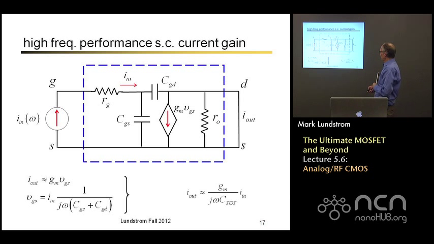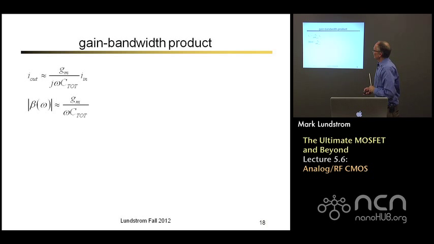So I have a simple expression for the input voltage. I can put those two together and I get the output current in terms of the input current: g_m over j omega C_total. If I plot the ratio of those two, I would call that the small signal current gain. Now, this isn't what we talk about in a bipolar transistor under DC conditions, but in a MOSFET we have gate current flowing under AC conditions, so we can talk about the current gain.